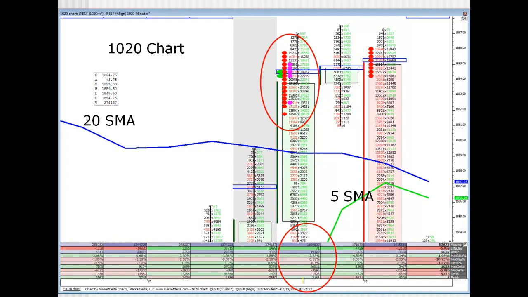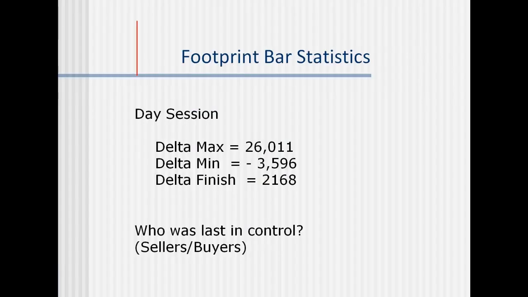The delta finish is the number at the bottom. Here is my delta min, minus 3596, and right above it is my delta max. I don't have to do any calculations. All I have to do is look at the footprint bar statistics, make sure I've selected those statistics to appear on my bar, and then just pull them out of the table and take a look at them.